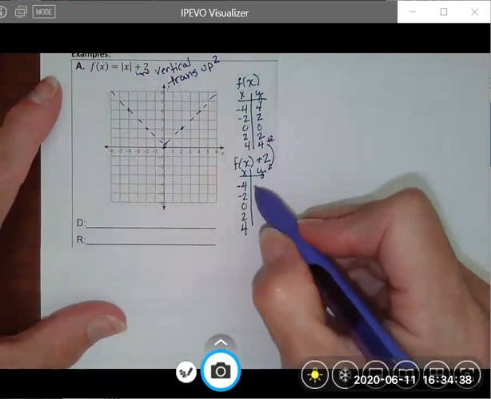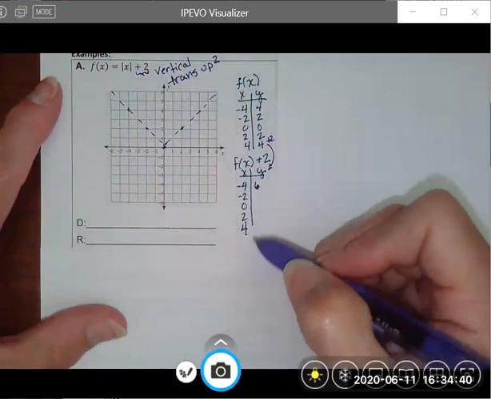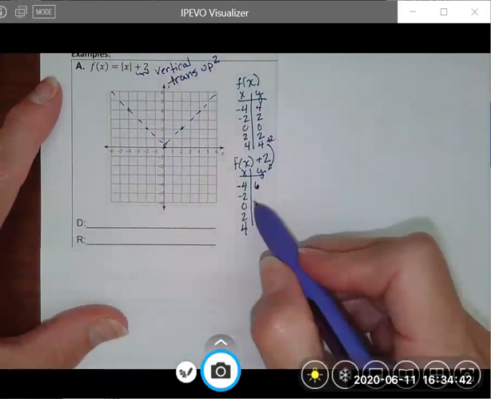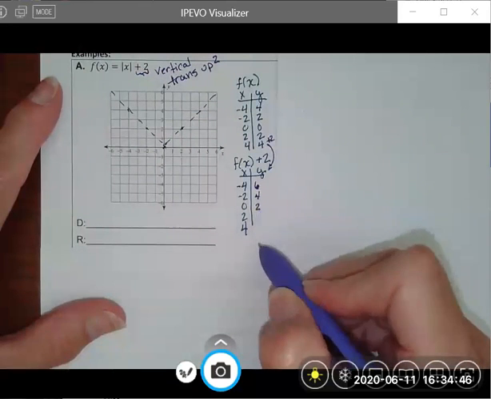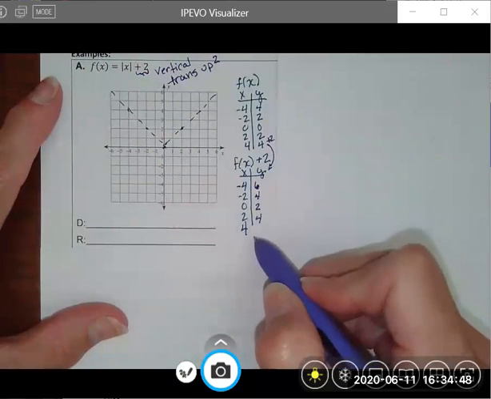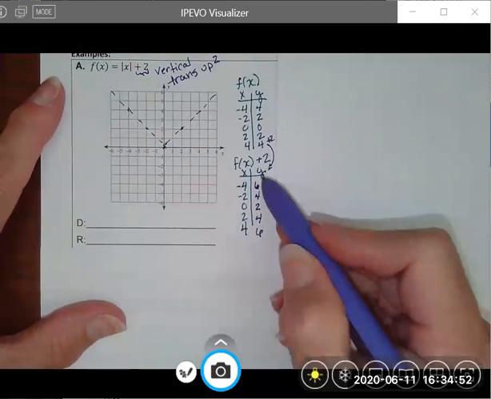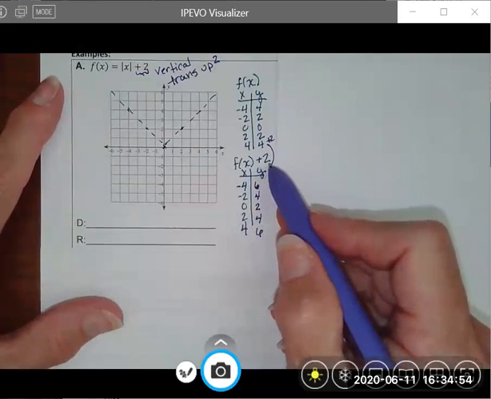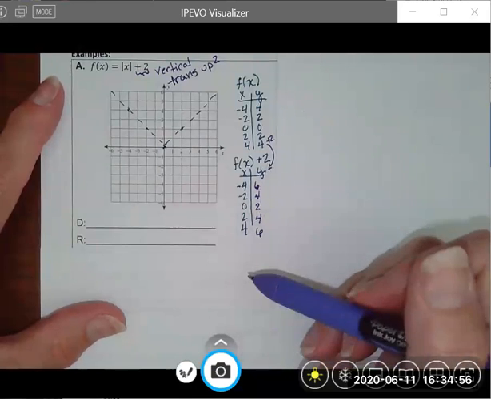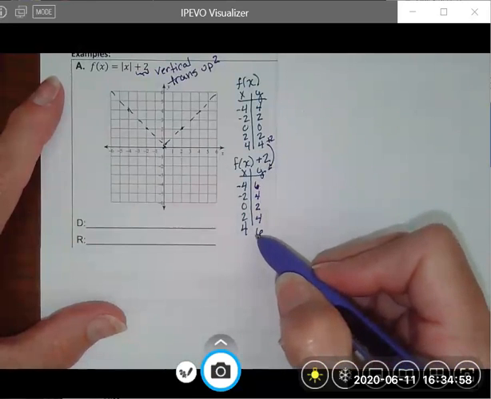So instead of a 4, it's going to be 4 plus 2, or 6. Instead of a 2, I'm going to add 2, and that becomes 4. 0 plus 2 is 2, 2 plus 2 is 4, and 4 plus 2 is 6. So these are my new ordered pairs for the function f of x plus 2, or absolute value of x plus 2, however you would like to think about it.